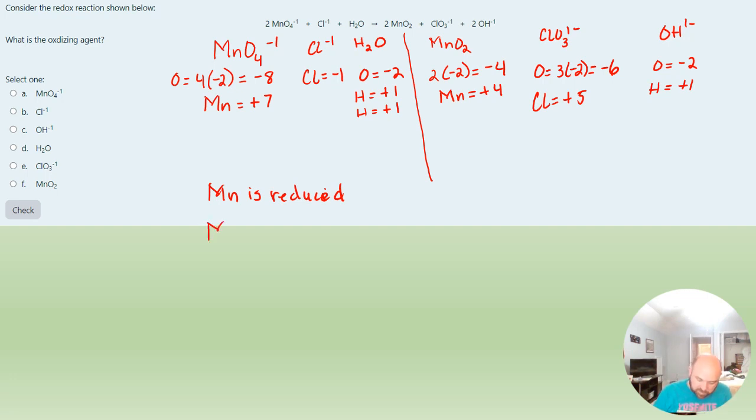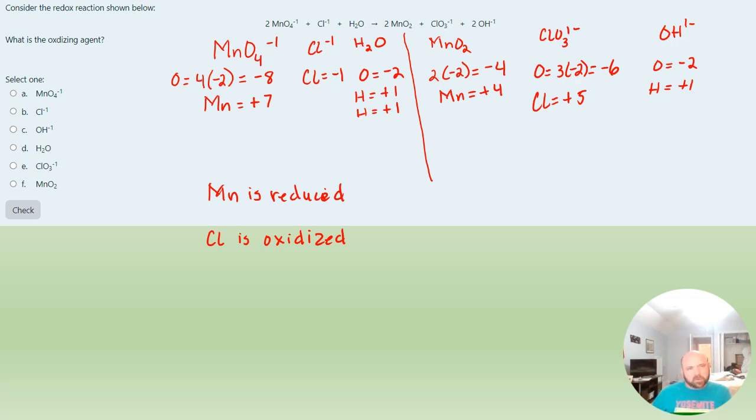So chlorine is oxidized. All right, we can see that manganese is reduced in this reaction and chlorine is oxidized in this reaction.